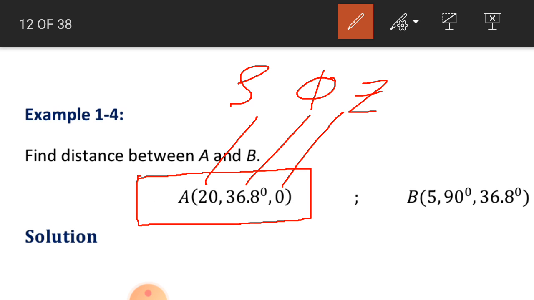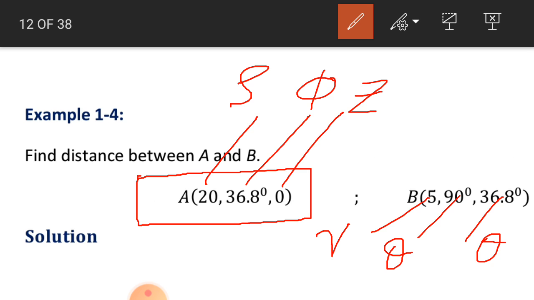So the first point is in the cylindrical coordinate system. We will transform this point from the cylindrical coordinate system into rectangular coordinate system. The second point is in the spherical coordinate system. So here is r, here is theta, and here is phi.